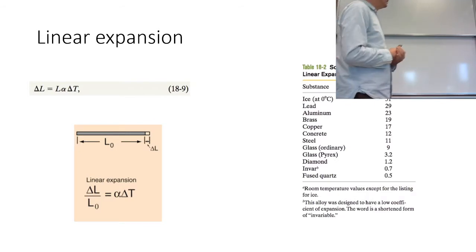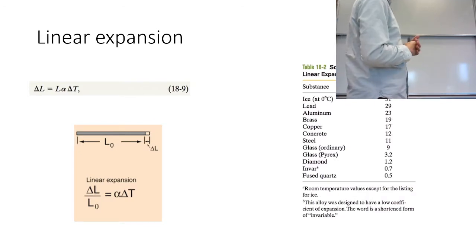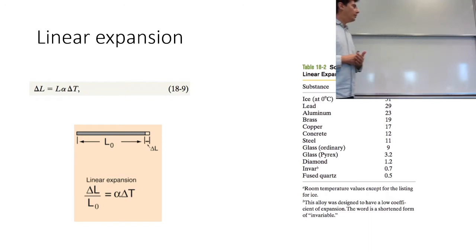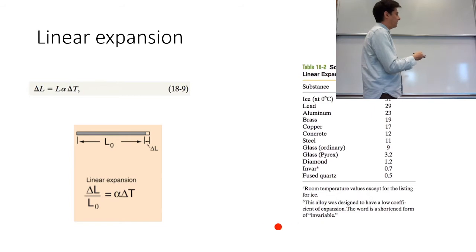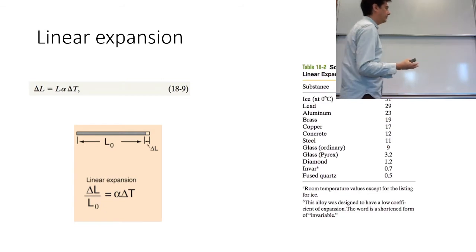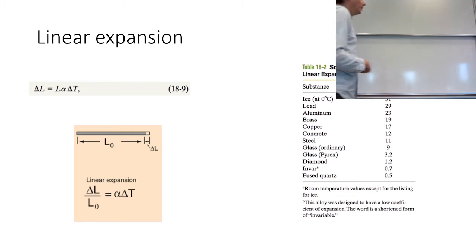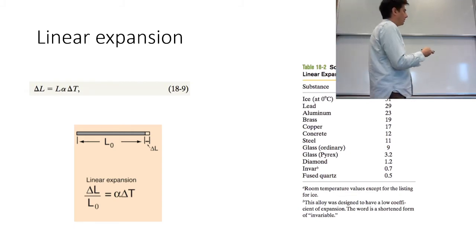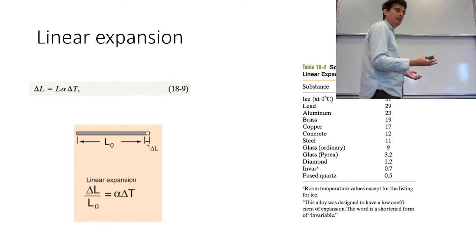So there's a formula for how this works. It's pretty straightforward. The basic phenomenon is that if you've got a length of some material, it will expand by some amount if you heat it up by some number of degrees. Obviously the amount that it expands is, firstly, proportional to the temperature change.